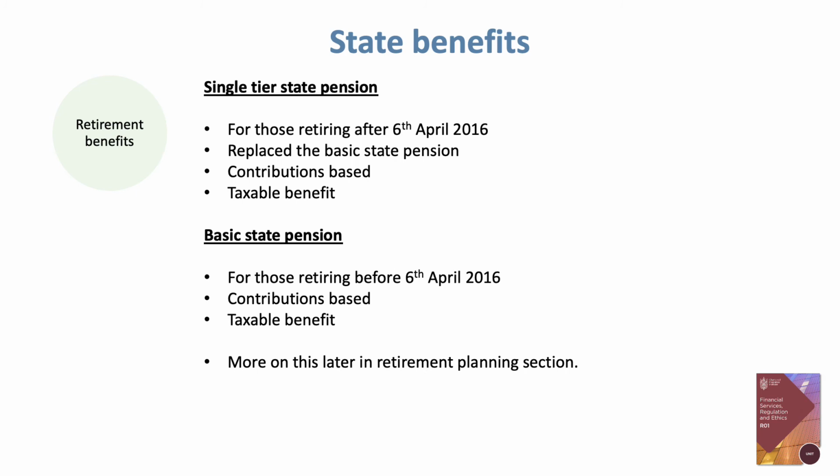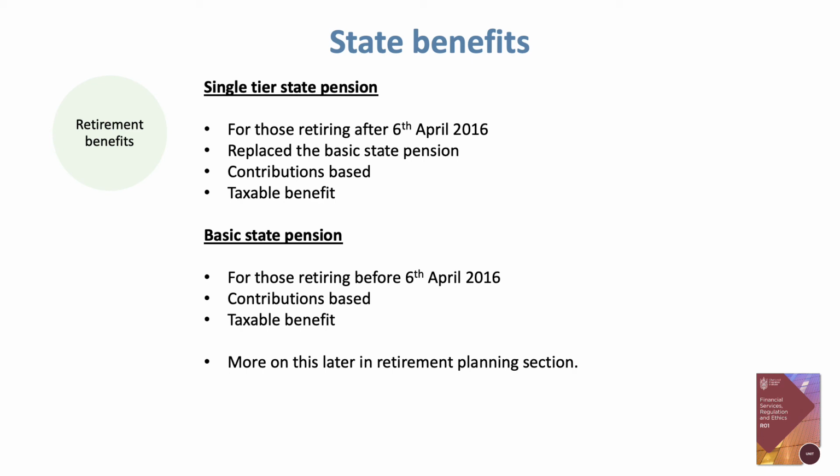So the last element of the state benefits section, we're going to concentrate on the retirement benefits, and we're going to very briefly look at the single tier state pension and the basic state pension. And this gets expanded on later in this module, so we won't go into this in too much detail at this stage.